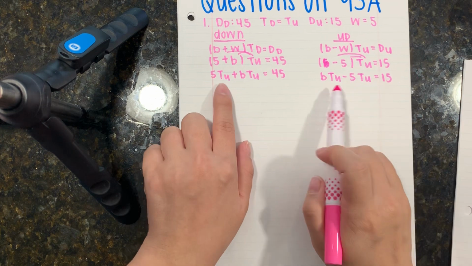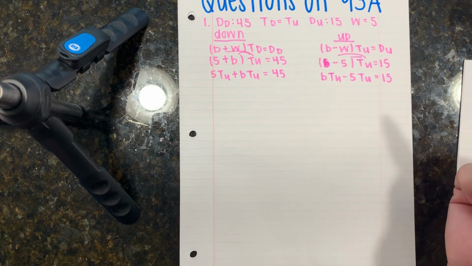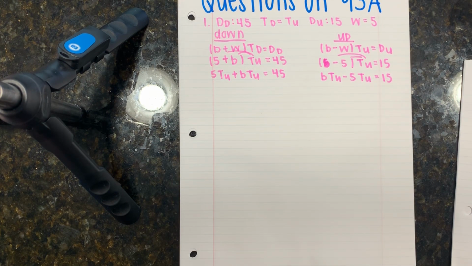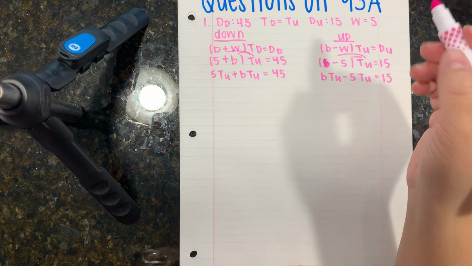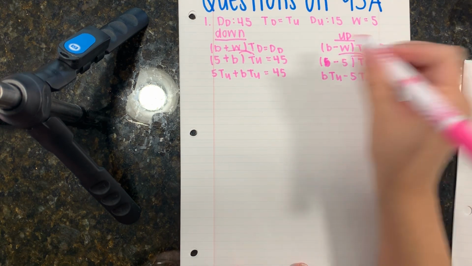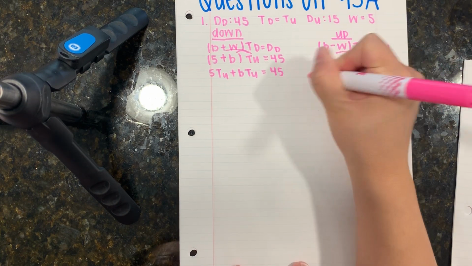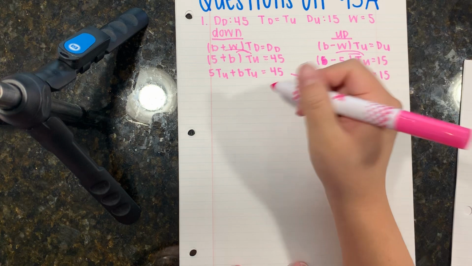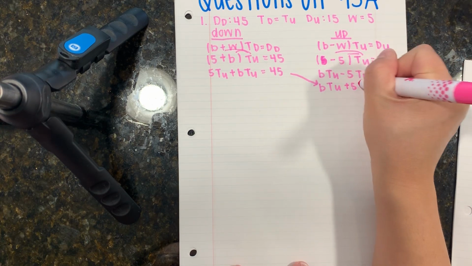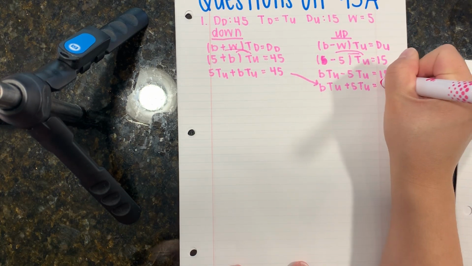Now, if you look at these two equations, I want to solve for B, so I'm trying to get B by itself. And the first thing that I'm going to do is actually just solve for what BTU is going to be equal to. So if I rearrange this equation, I'm going to have BTU plus 5TU equals 45.